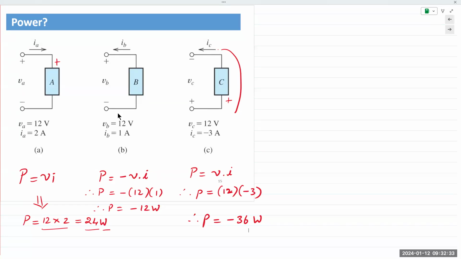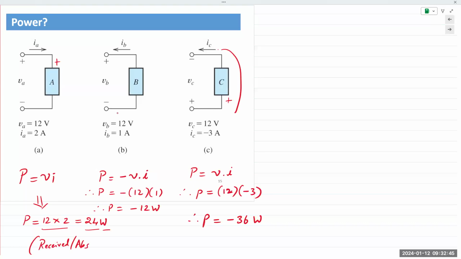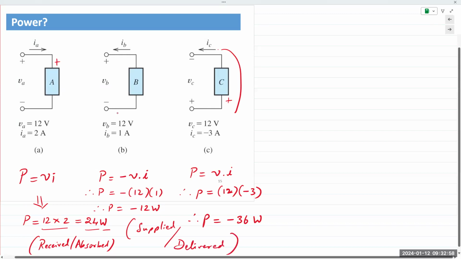Power is being supplied, energy is being supplied. I can note it right here. Received or absorbed, supplied or delivered for B and C.